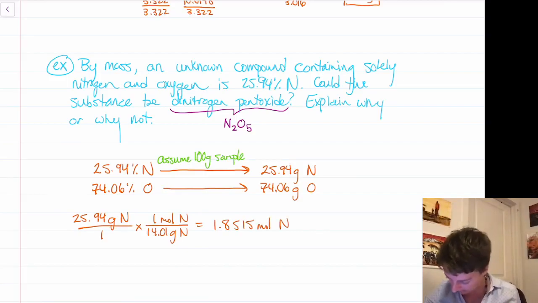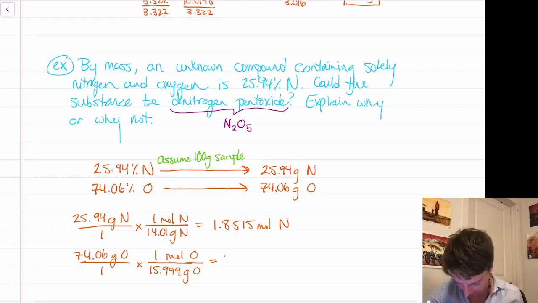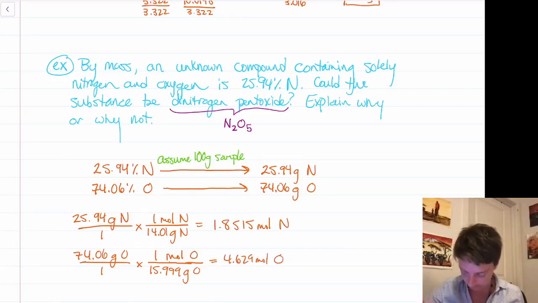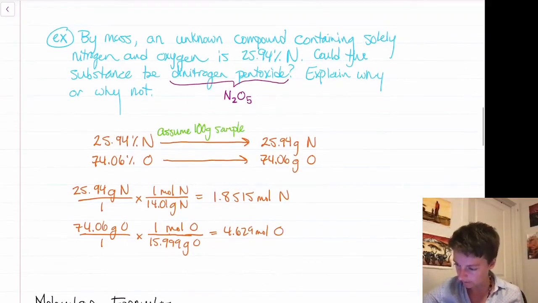We do the same thing for oxygen. We figure out that the 74 grams of oxygen, again, using information from the periodic table to figure out what my gram to mole conversion should be, means that in total, I have 4.629 moles of oxygen.